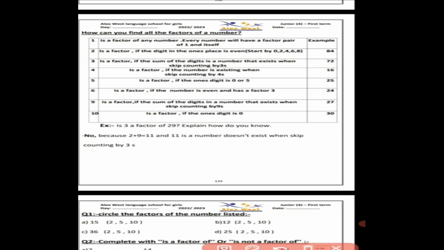Another example, if we have 68, is 3 a factor of 68, yes or no?